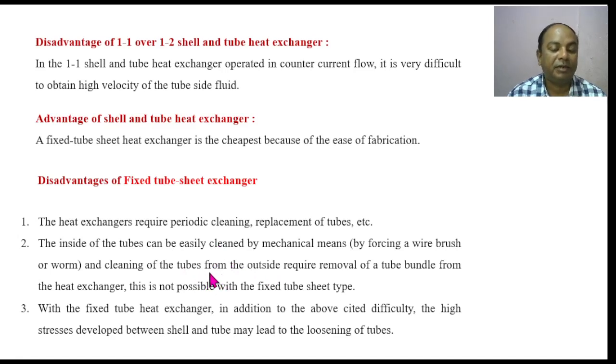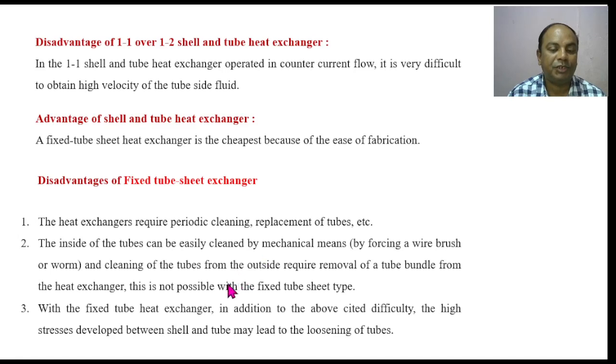These tube bundles are fixed in the tube sheet, and the tube sheet is again fixed to the shell. Therefore, whenever we want to perform mechanical cleaning from the outside of the tubes, it is not possible to dismantle the whole tube bundle from the shell, since it is fixed to the shell.